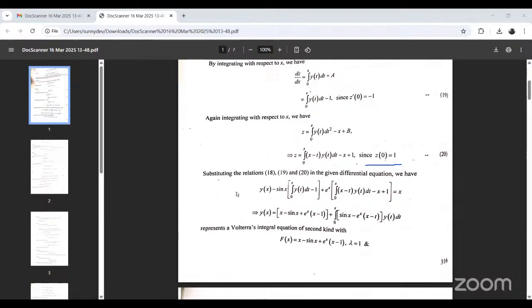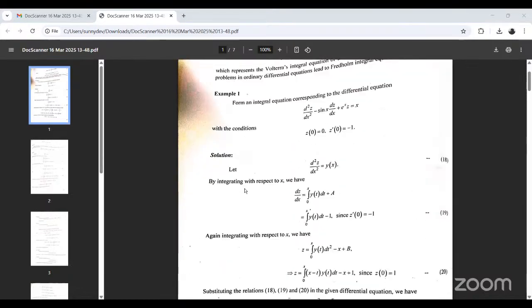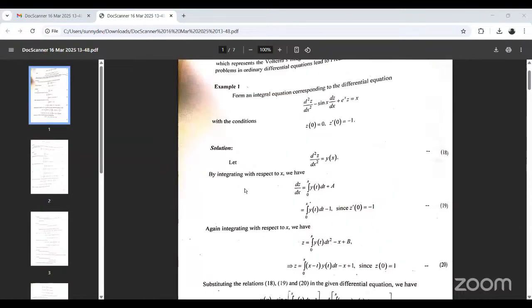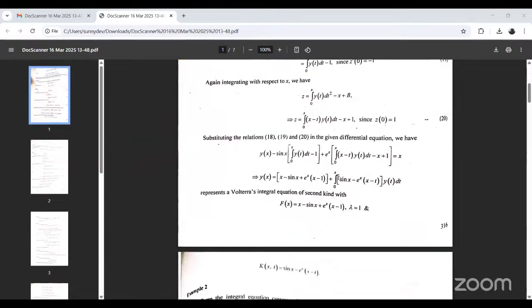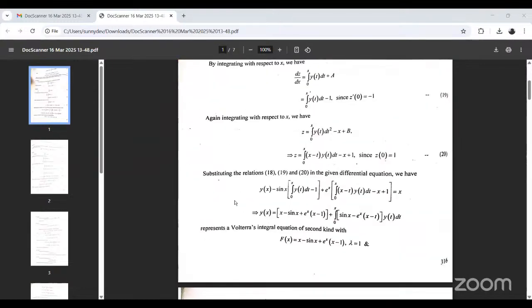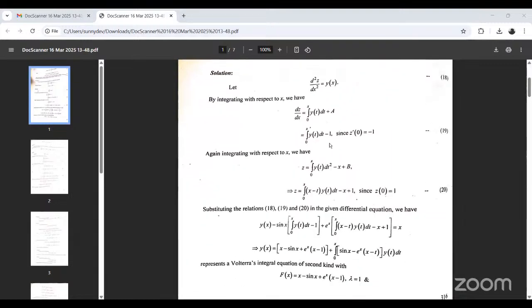Next, in the original equation, we should substitute all the values. What is d square z by dx square? That is y of x. And dz by dx is the value we found, so sin x we write outside, times the integral 0 to x of y of t dt minus 1.